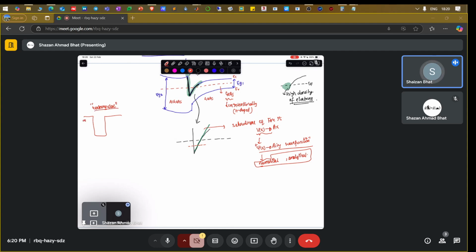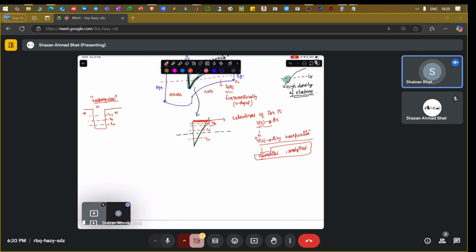If the potential outside is infinite, if this is zero, you have the discretized energy levels: E0, E1, E2, and so on. Similarly here you have E0, E1, E2, E3, and as you go higher and higher, the spacing between the energy levels becomes smaller and they become continuous energy states.